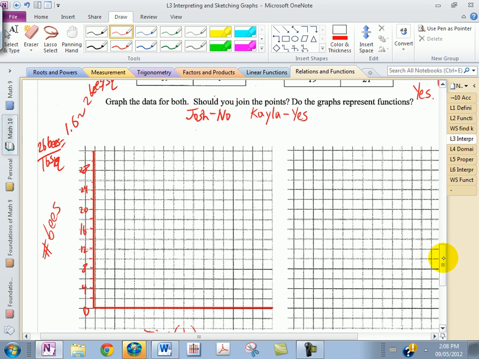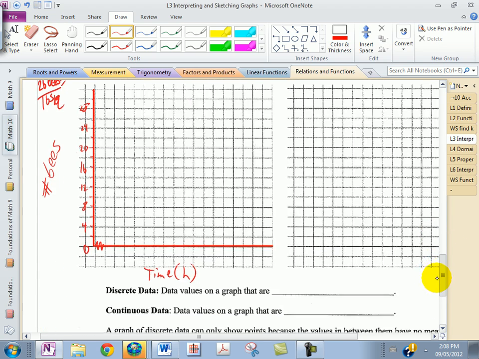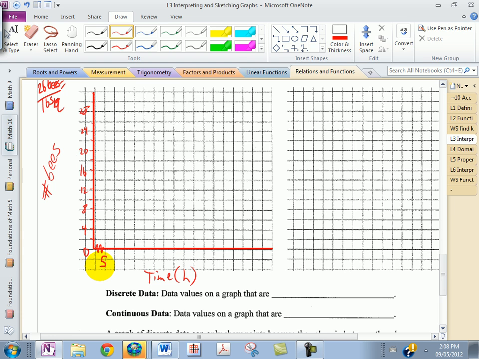Then for time, we're going to cheat a little bit. We're going to use a little squiggly line. Okay, and we're going to start at 5 hours. So I count again. 1, 2, 3, 4, 5, 6, 7, 8, 9, 10, 11, 12, 13, 14, 15, 16, 17. Okay, so 17 squares. And he's got how many hours? 19. But remember, we don't need 5 of them because we're starting on line 5.